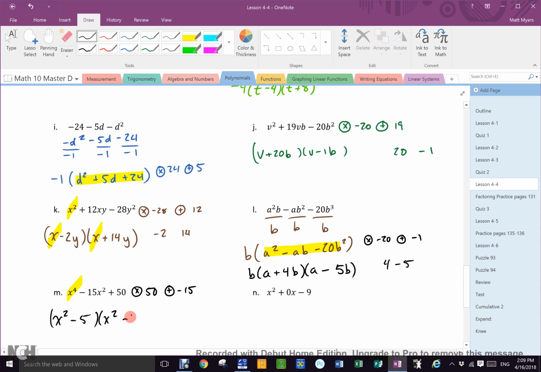That's weird, Myers. I don't think that's going to work. So check it. X times x is x to the 4th, right? Negative 10x squared minus 5x squared. Oh, that is negative 15x squared. Negative 5 times negative 10 is positive 50. Oh man, it did work.